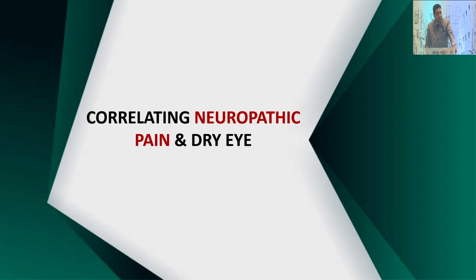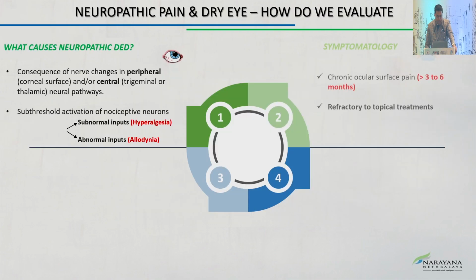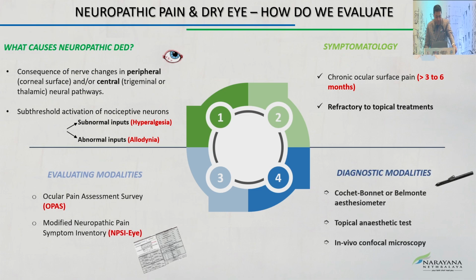There is an aspect of neuropathic pain, and a lot of related factors: systemic disorders, ocular surface injuries, medications, including neurological and psychological problems. One is having a lot of extra nociceptive effect. That means you are more sensitive, and these have two neurons. We can see subnormal and abnormal inputs, which can be allodynia.